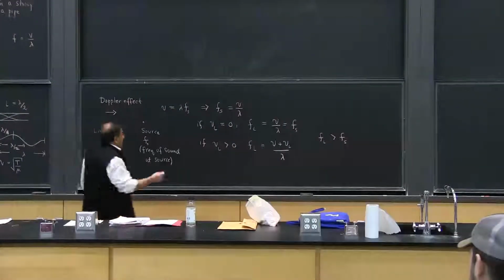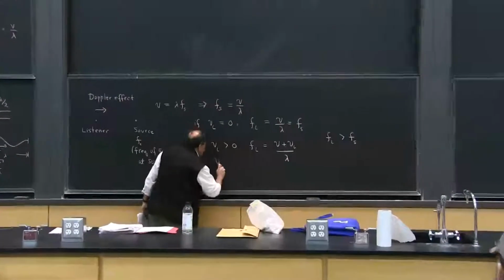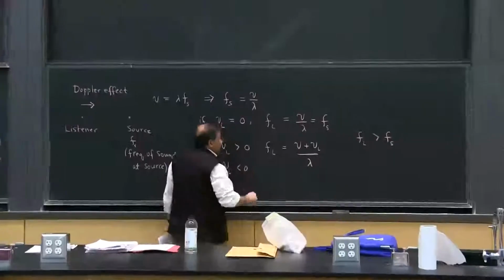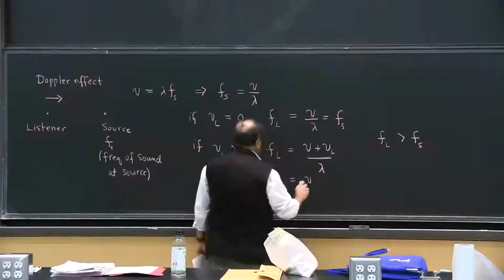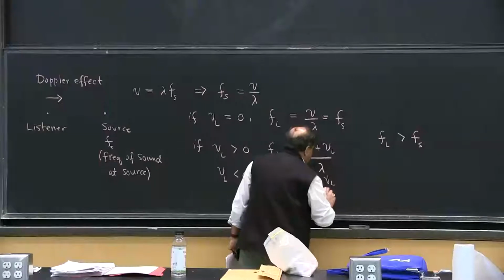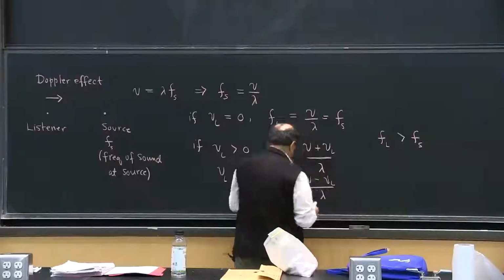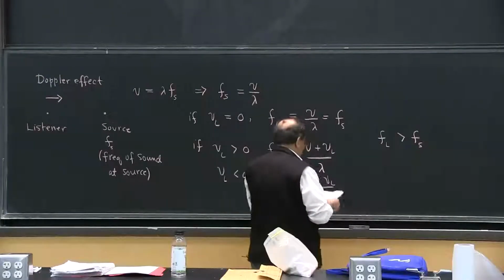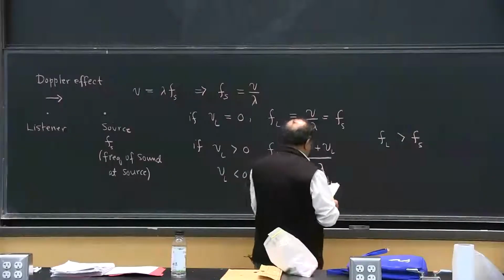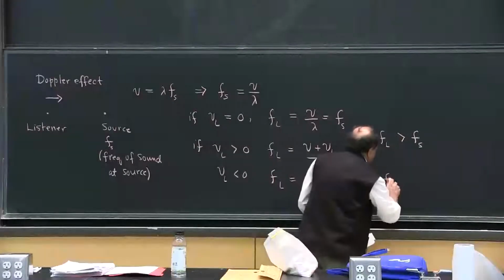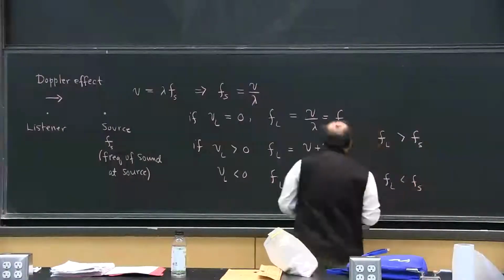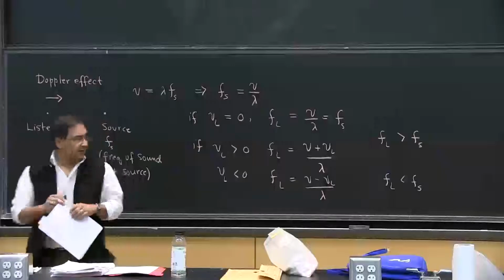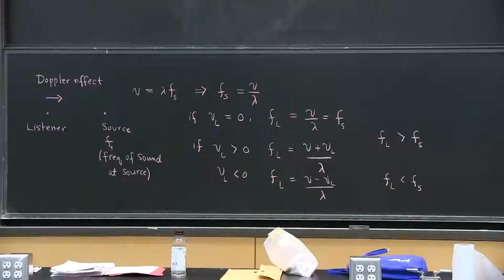And similarly, if it's going the other way, so if VL, let's say, is negative, then the frequency that you'll hear is V minus VL over lambda. And at the simplest level, this would be FL less than Fs. So you would be hearing a smaller frequency.